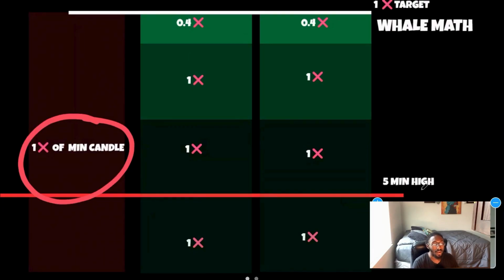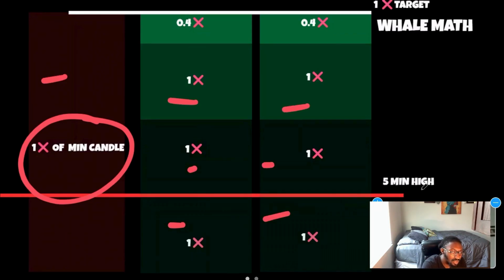Let's do some math. If this on the left side is the 1x of the 5-minute candle, and we want to double up, that means we're risking 1 bullet to hit 1 shark, 2 sharks, 3 sharks, 4 sharks, 5 sharks, 6 sharks, 0.4 plus 0.4, 0.8.